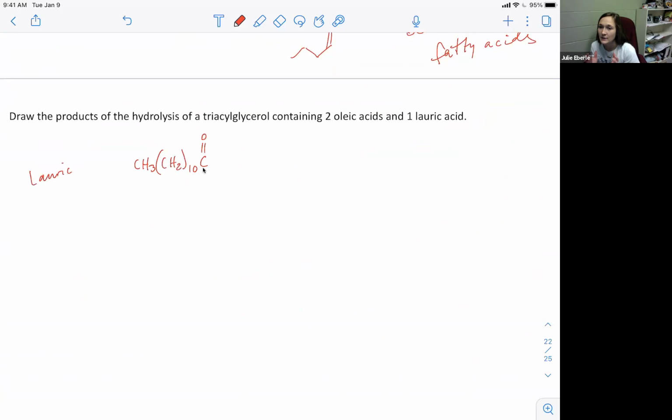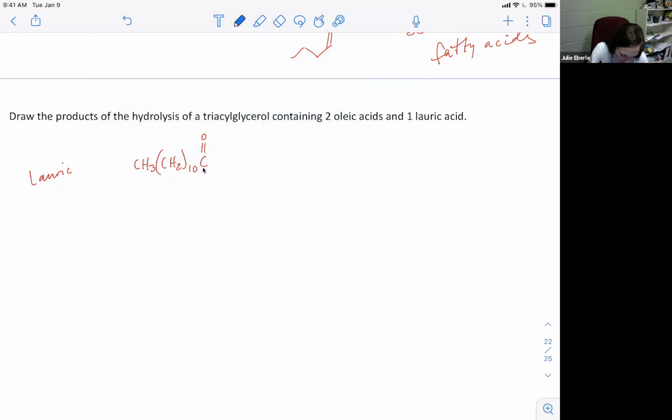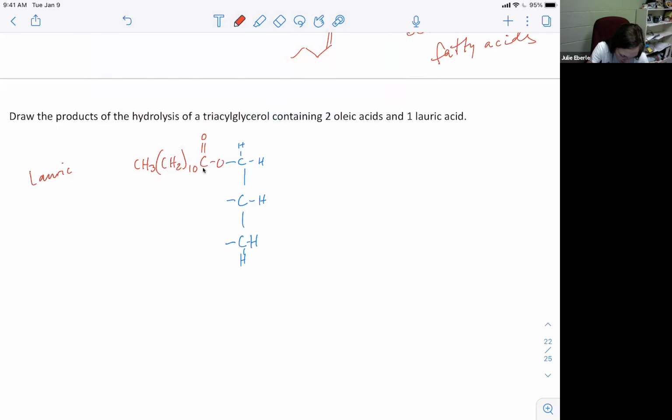We have a triacylglycerol, and we're going to hydrolyze it into its individual fatty acids. So you guys remember what glycerol looks like? I'm going to do it in a different color. Glycerol, you've got the CH2 and then the C and then the CH2. Okay, and these are going to be bonded to the rest of the carboxylic acid group.